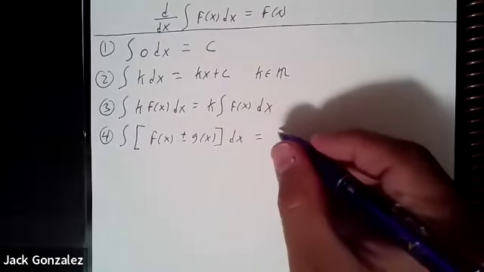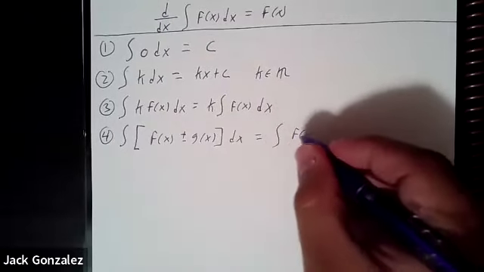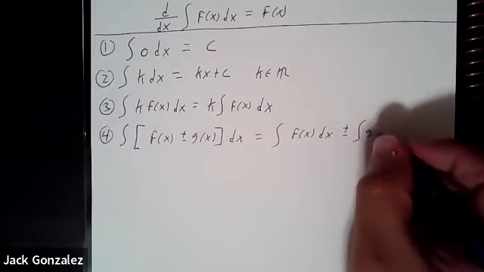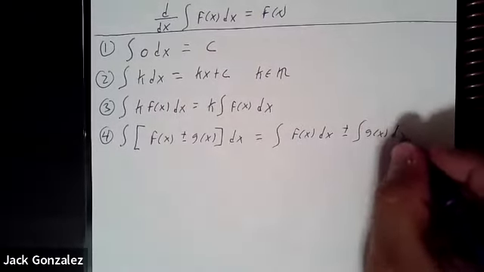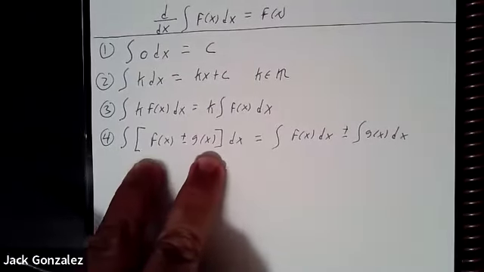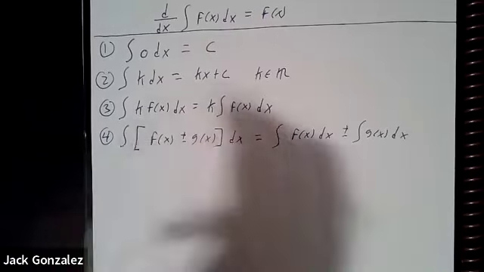So just do them separately. Do the f and then do the g. Sometimes this is much easier. Just trying to do it all at once might not be simple.